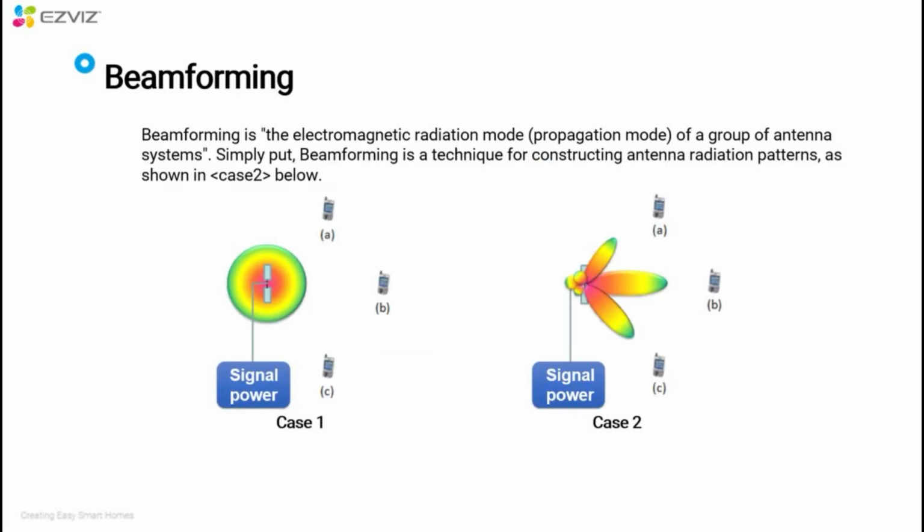The next technique is beamforming. Beamforming is the electromagnetic radiation mode of a group of antenna systems. Simply put, beamforming is a technique for constructing antenna radiation patterns, as shown in the case 2 below.